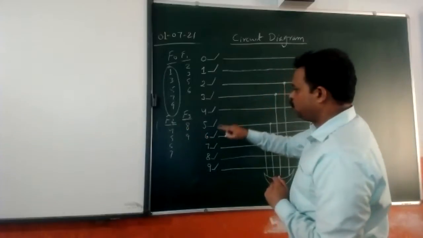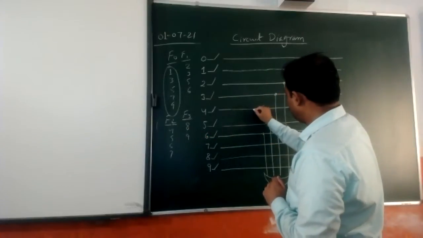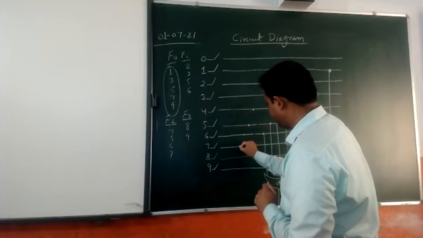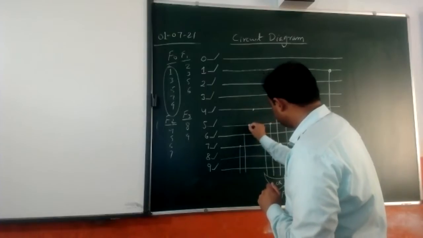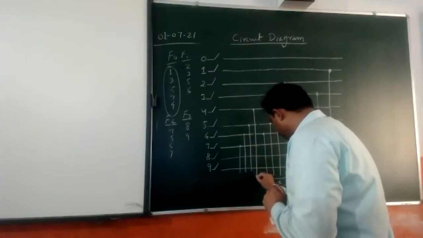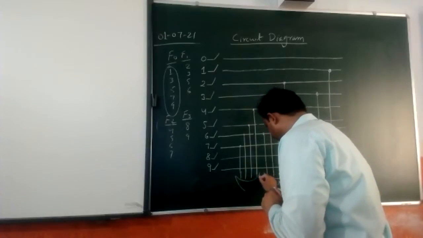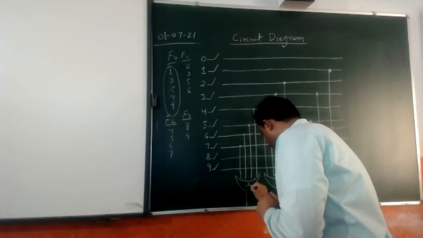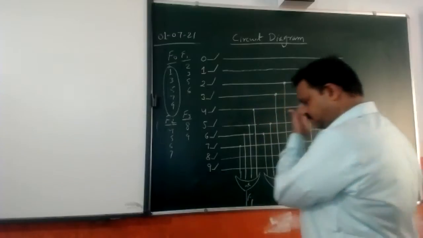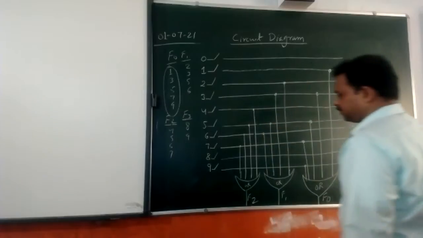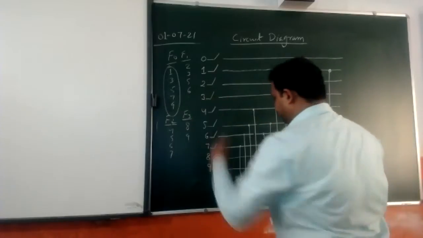F2: 4, 5, 6, 7. This is F2. And the last one is F3.